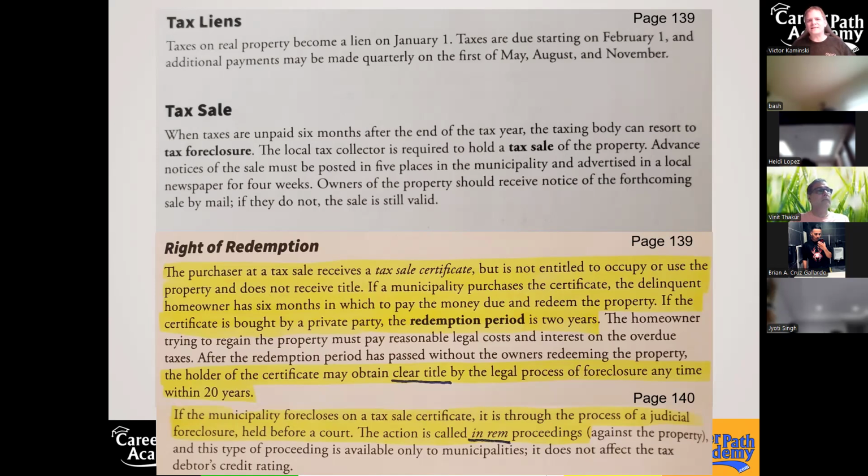It starts at 18%. Let me ask you, how much are your current savings accounts paying you these days? Are we near 18%? No, not even close.